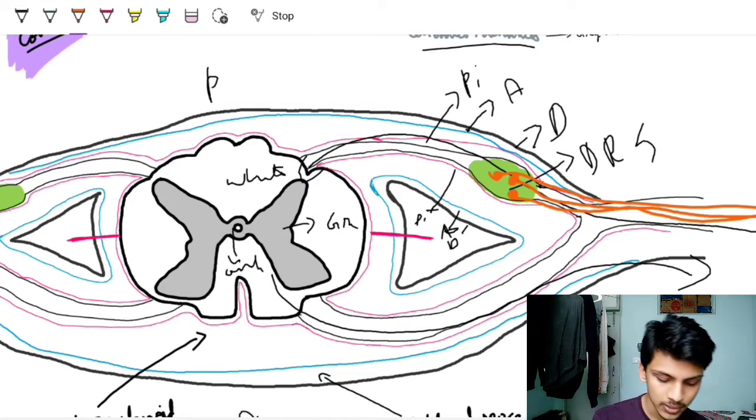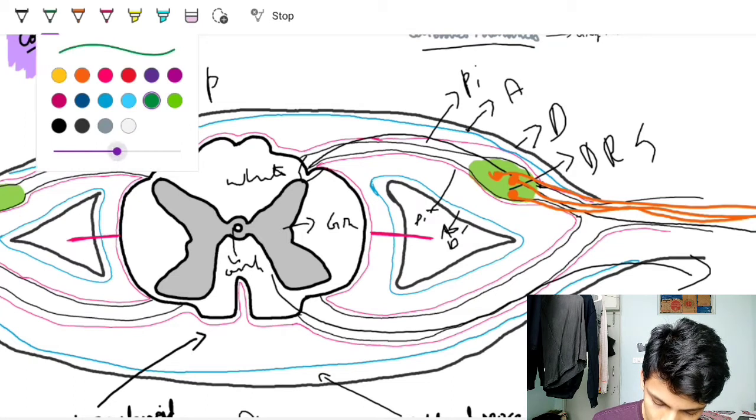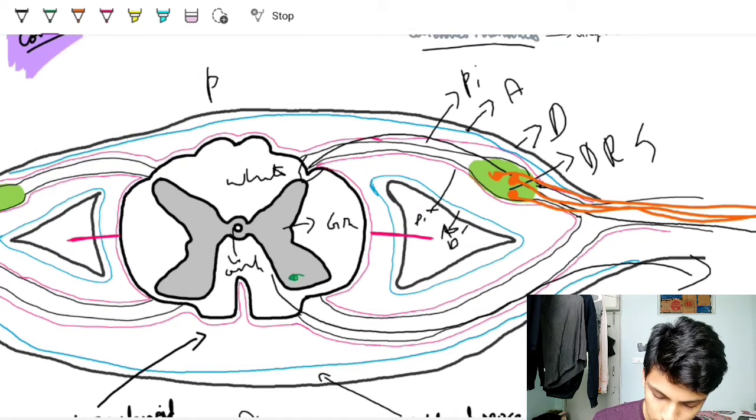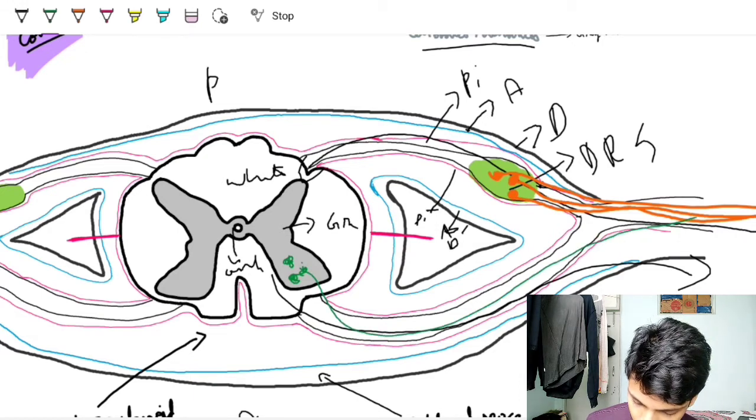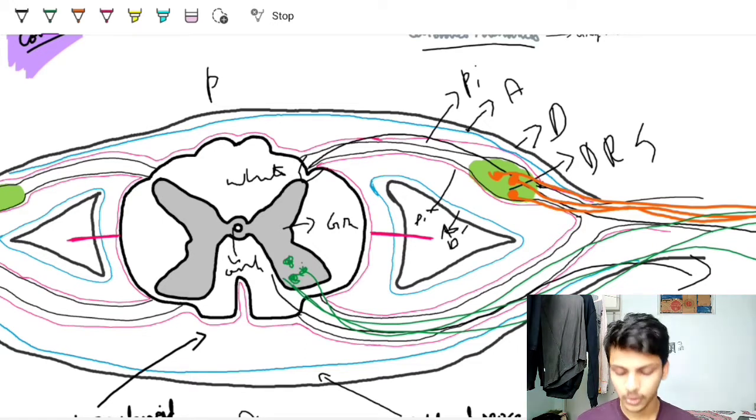Not exactly, because the motor nerves begin in the gray matter of the spinal cord itself, in the ventral horn. Most of them begin in the ventral horn. So the cell bodies are there in the ventral horn. There is no ventral root ganglion as such. You got it now?